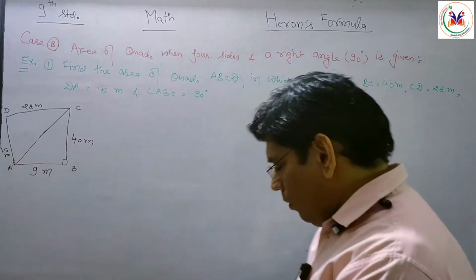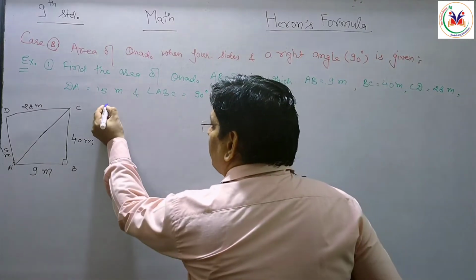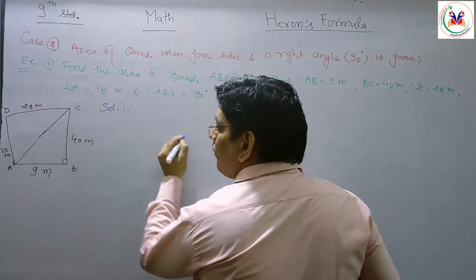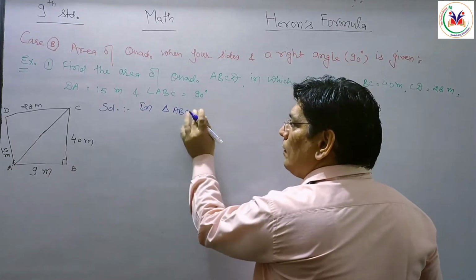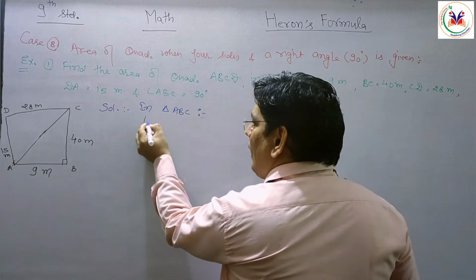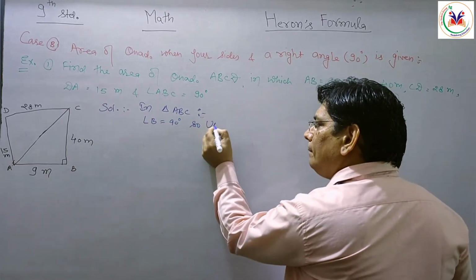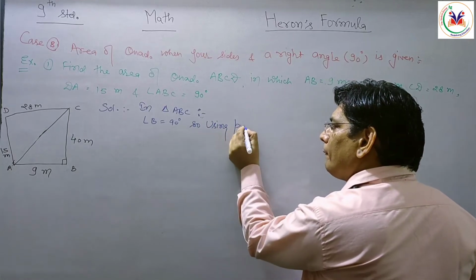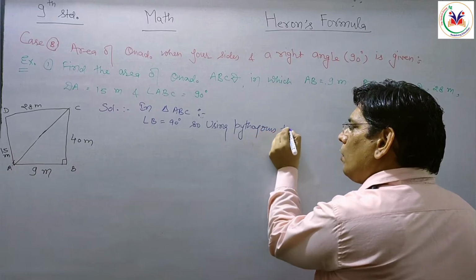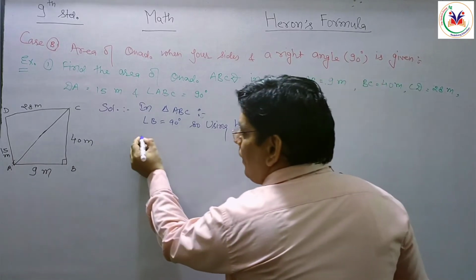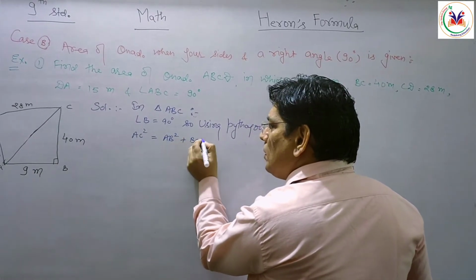So first of all, we write: in triangle ABC, angle B equals 90 degree. So using Pythagoras theorem we can say that AC square equals AB square plus BC square.